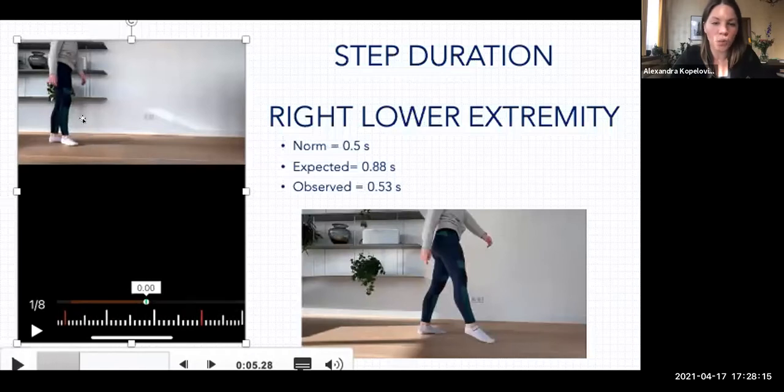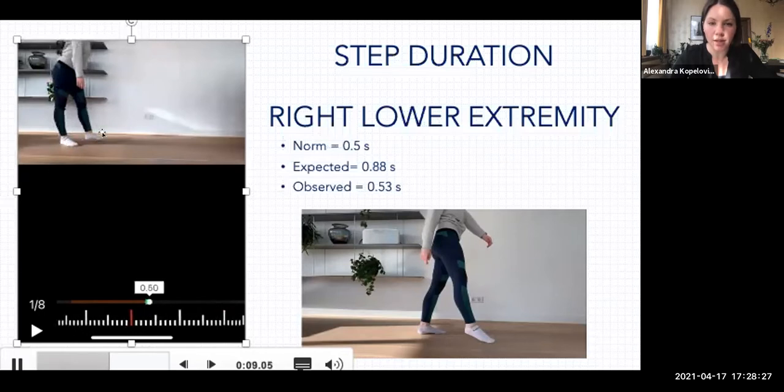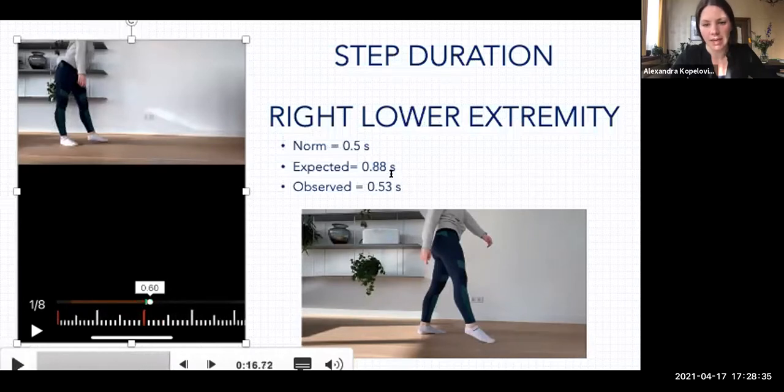So this is where we're going to start counting our step duration. And from here, follow the timer up until the left foot contacts the floor. Okay, so we're going to back up a little bit, and that's going to be about 0.60 seconds. I have 0.53, so 0.60 to 0.53 seconds. That is what it takes our patient to perform a step.